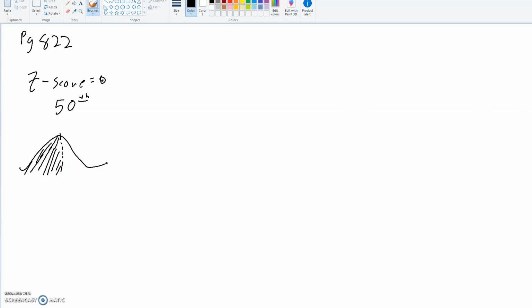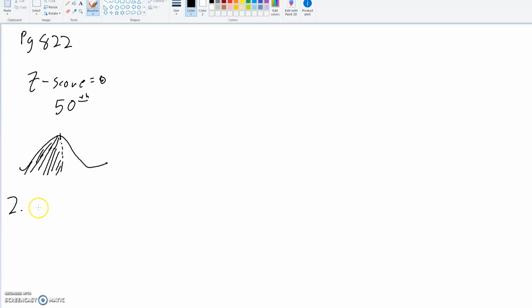Okay? So now let's take a look at some examples to get ourselves comfortable with finding these percentiles. In 1 through 8, they just say find the percentage of the data in a normal distribution that lie below and above. Let's start by taking a look at number 2.